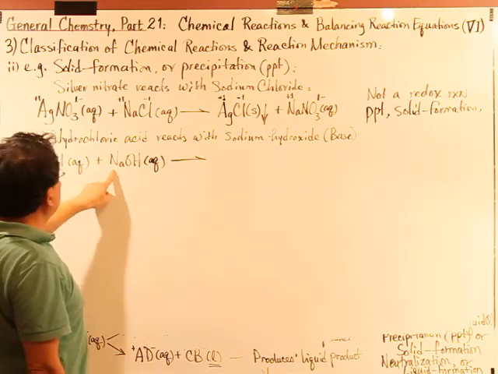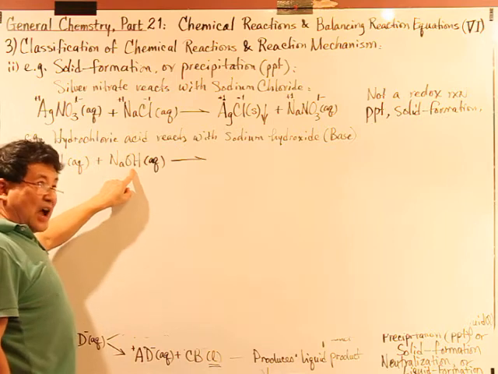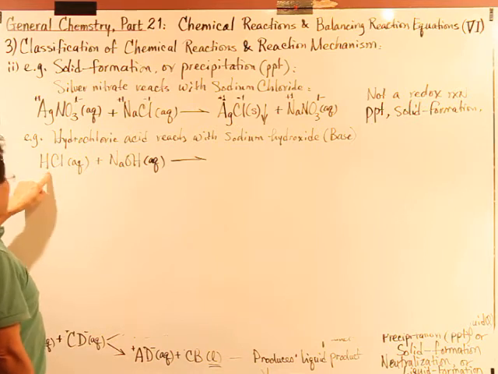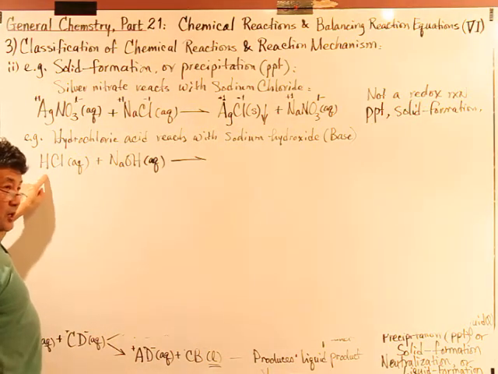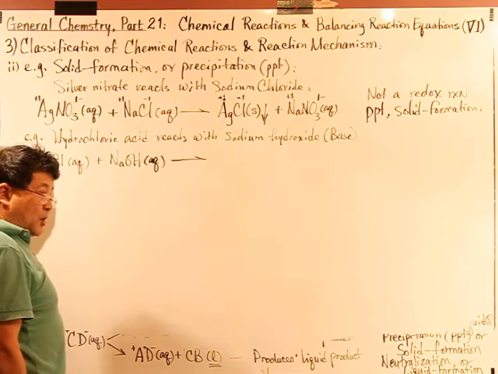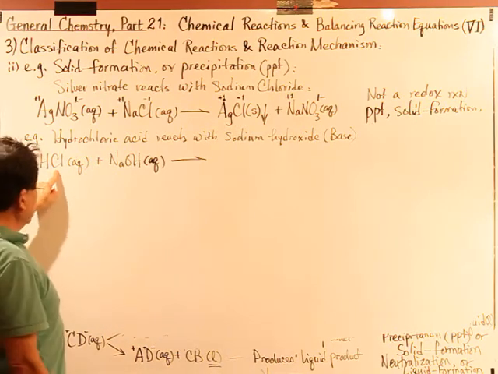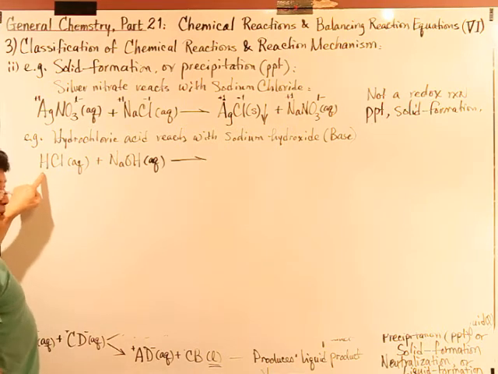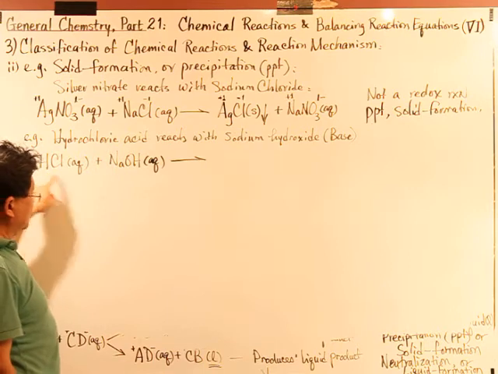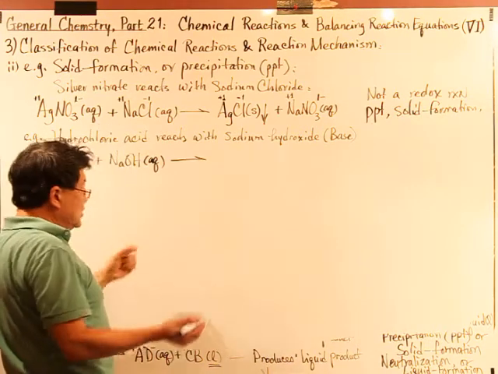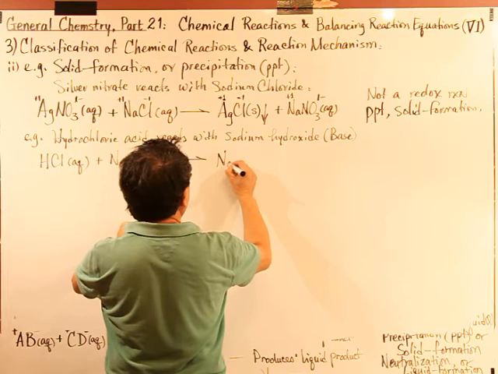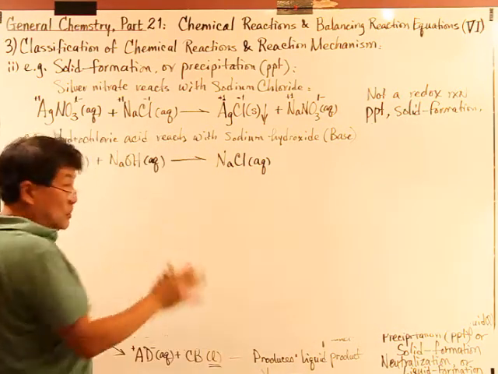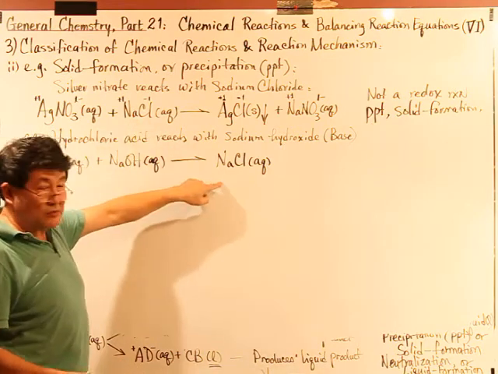In other words, sodium exchanges its own anionic partner OH, hydroxide, with the other reactant's anionic partner, chloride, and then the sodium combines with chloride, and the proton, which is hydrogen, combines with hydroxide to form two new compounds. What is that? NaCl is aqueous.